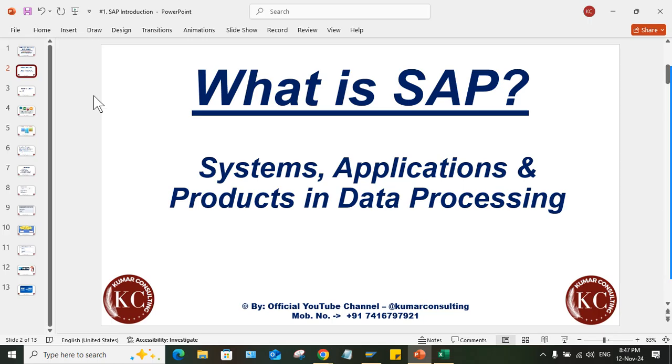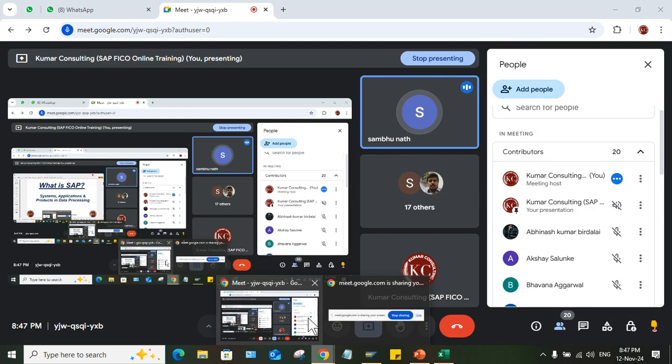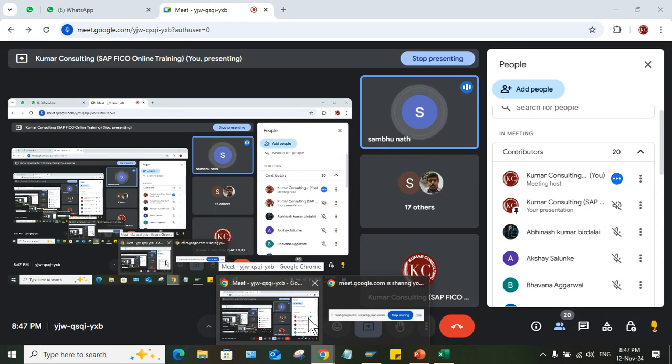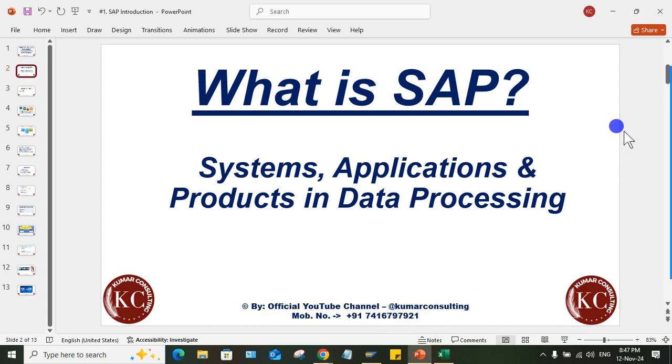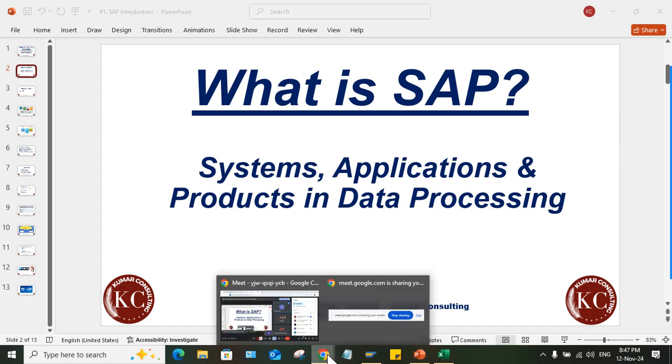Sir, it's an ERP which provides end-to-end solutions to record, summarize, and analyze the day-to-day activity in organizations, and also helps in forecasting and budgeting by generating required reports. Okay, great. Anybody want to add anything?